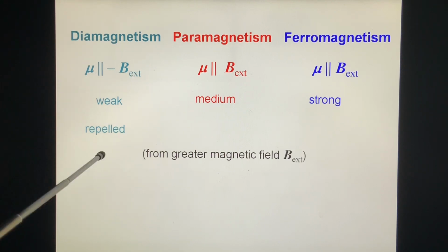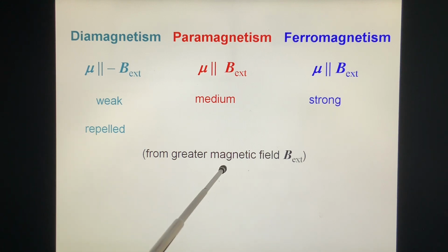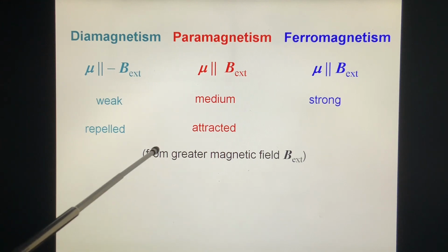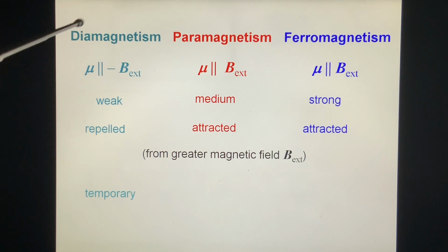A diamagnetic material put in an external magnetic field will be repelled from the greater magnetic field B. And paramagnetic material will be attracted toward the greater magnetic field B. Diamagnetism is temporary.